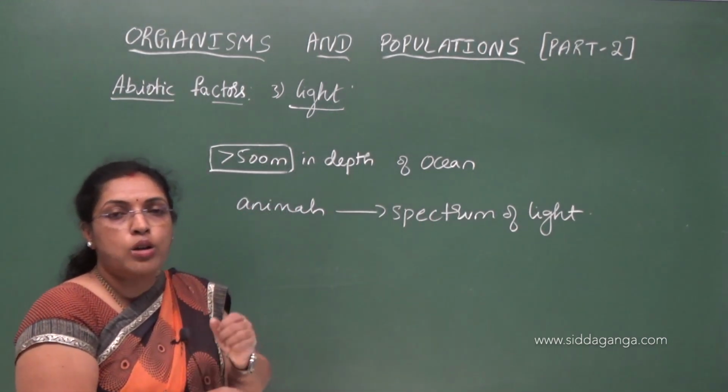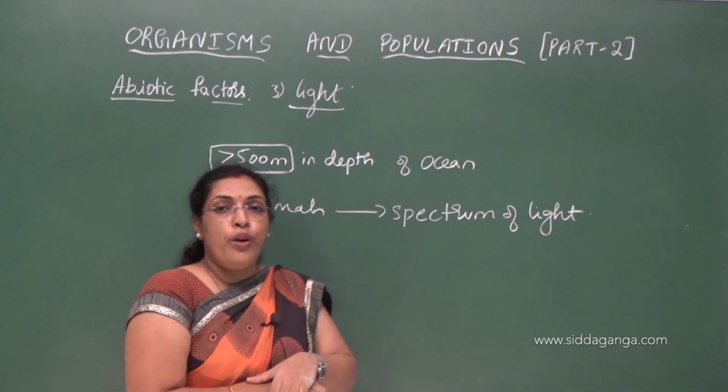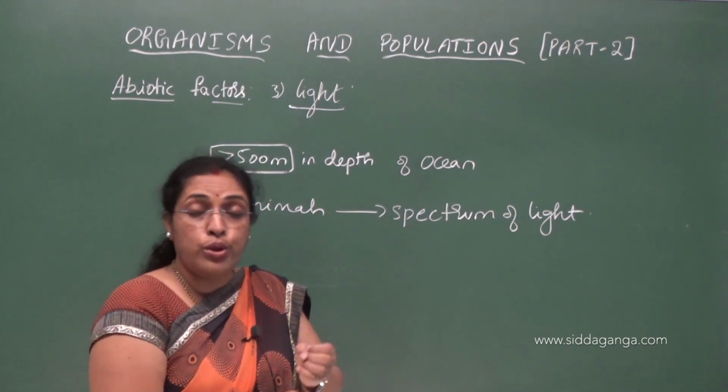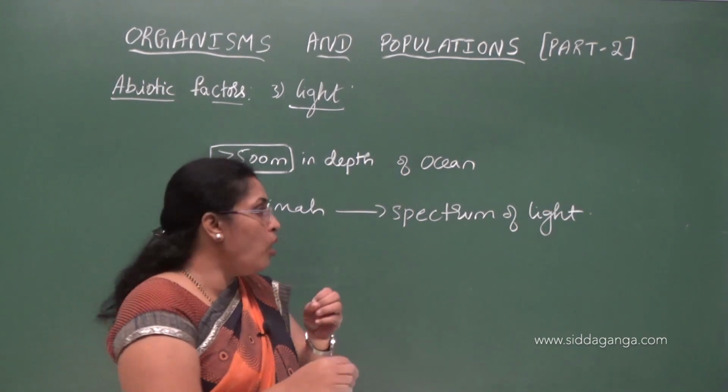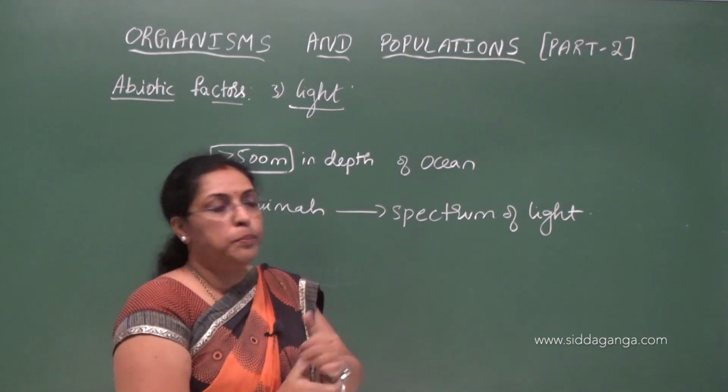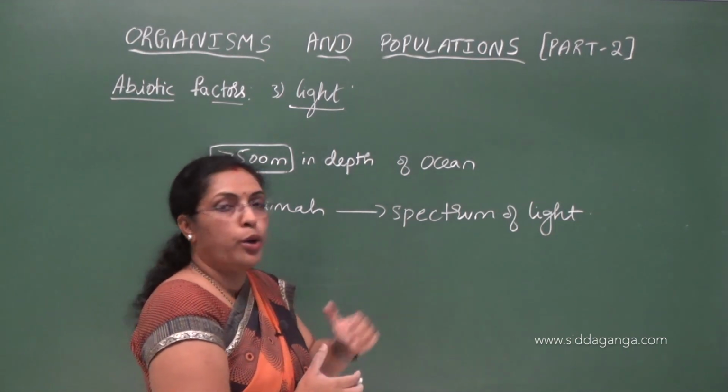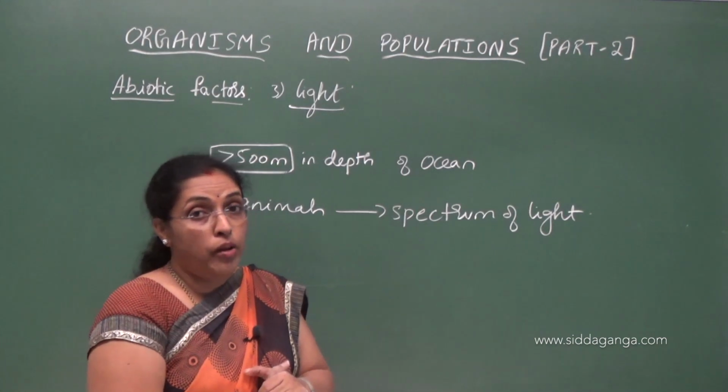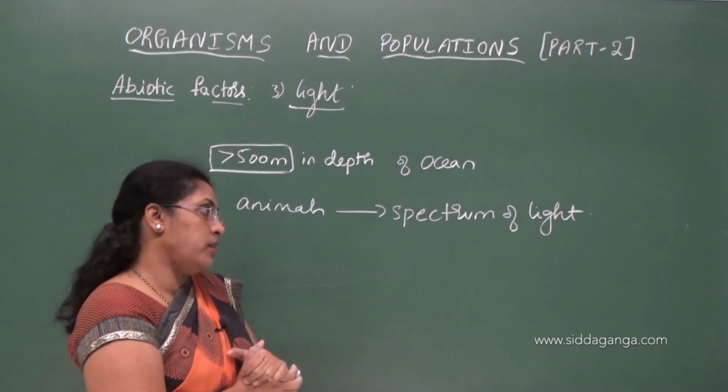We know that the ultraviolet component of the spectrum is harmful to some organisms, and not all wavelengths of the spectrum of light are available for marine organisms.